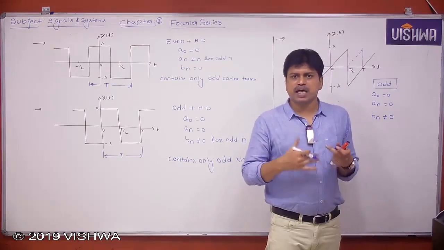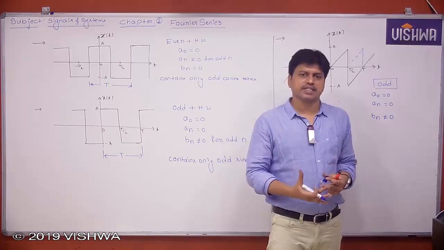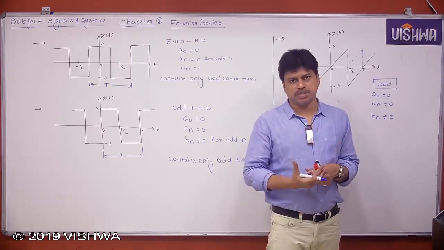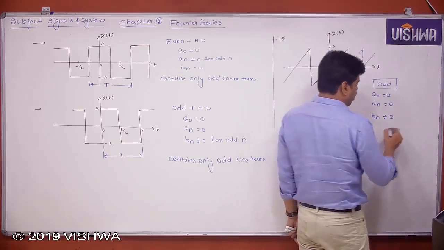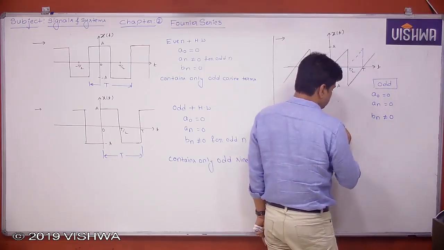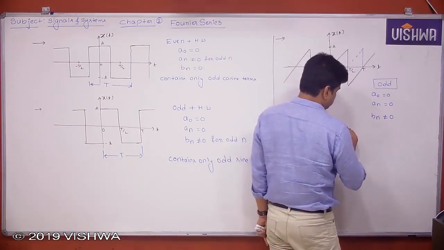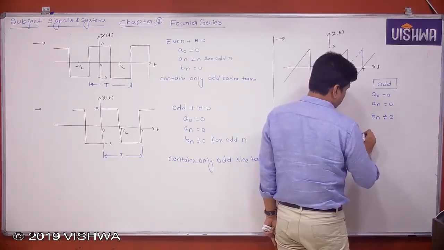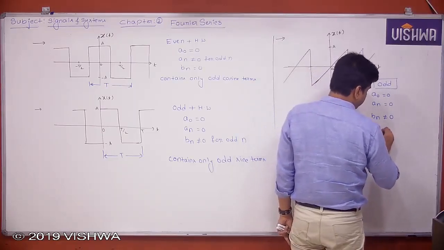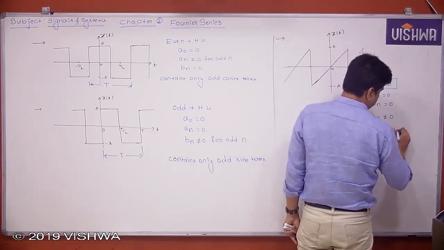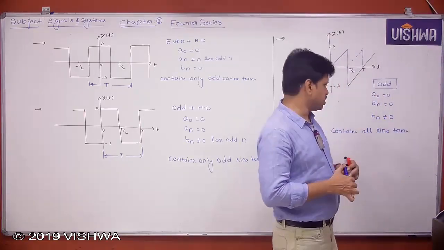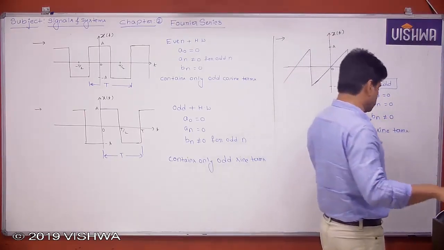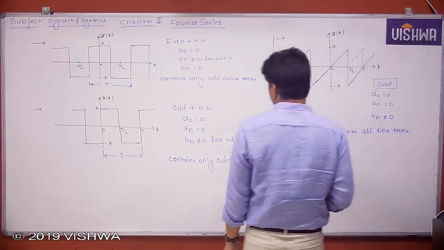But it does not have half-wave symmetry. That means it contains even harmonics as well as odd harmonics. So for all values of n, it contains all sine terms. There is no exclusion. Okay, so it contains all sine terms.